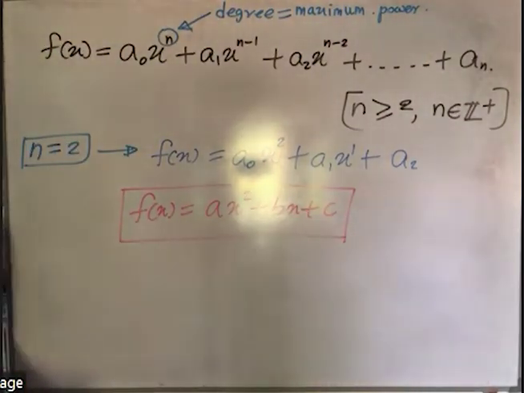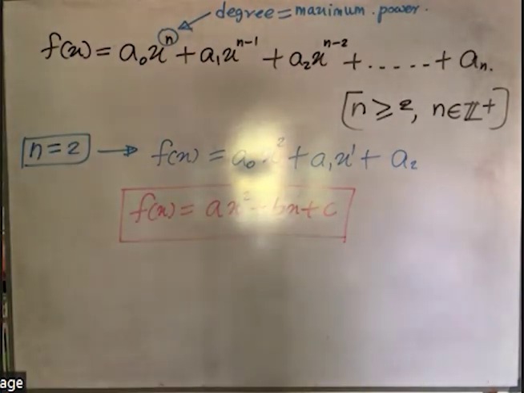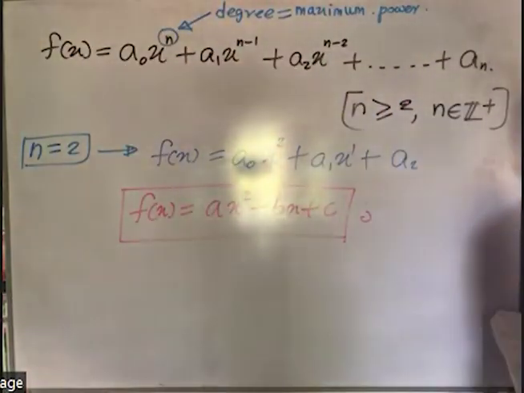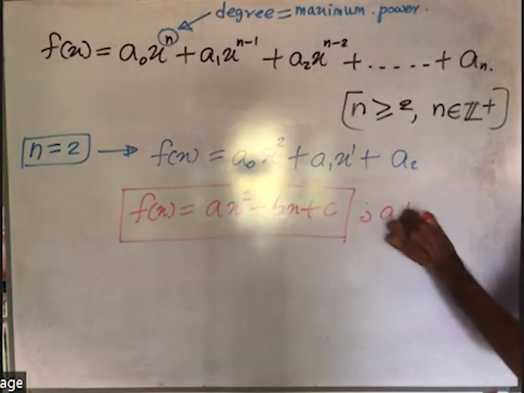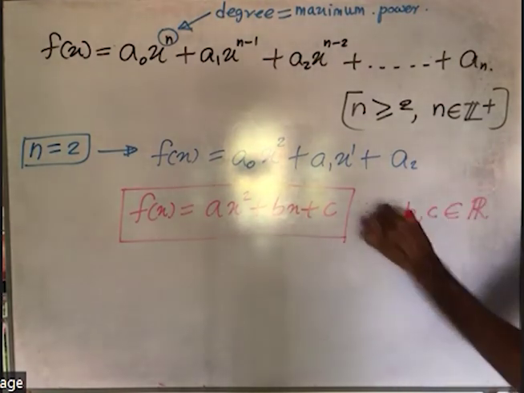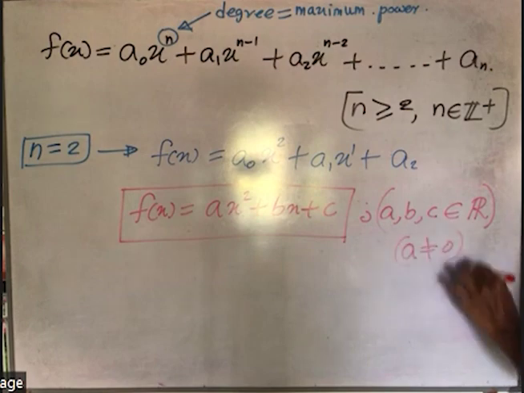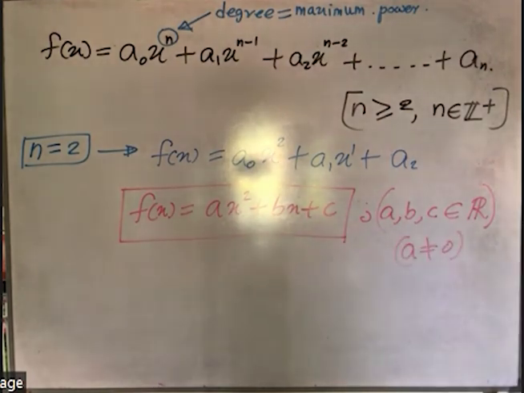We are going to use this standard notation for the next part of this lesson. Here a, b, c are real numbers, and a is not equal to 0, right?